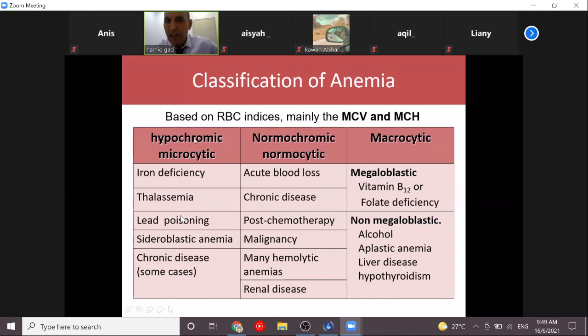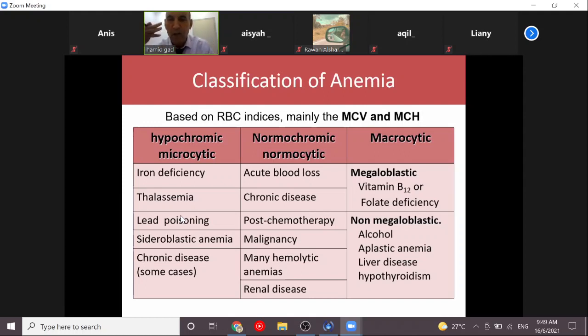So the first type of anemia is called hypochromic microcytic. Anytime anyone tells you hypochromic microcytic anemia, it means there are 3 main things. Anemia means hemoglobin is low, microcytic means MCV is low, hypochromic means MCH is low. This is from the CBC.